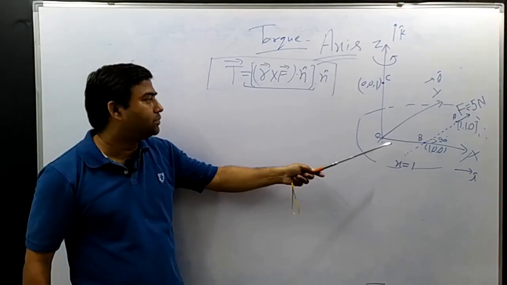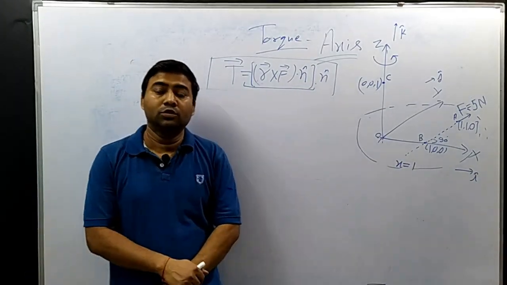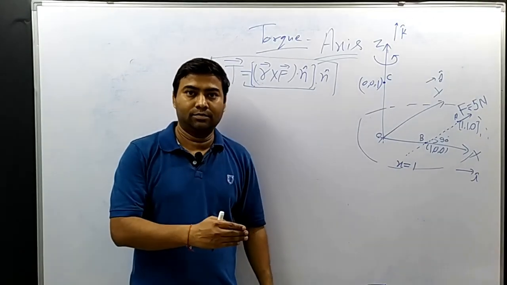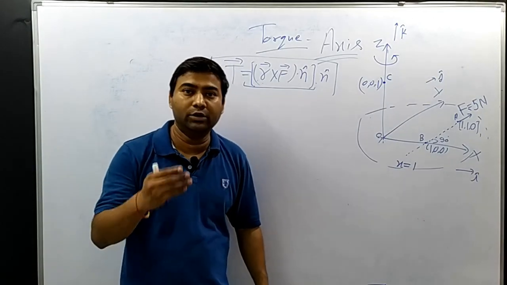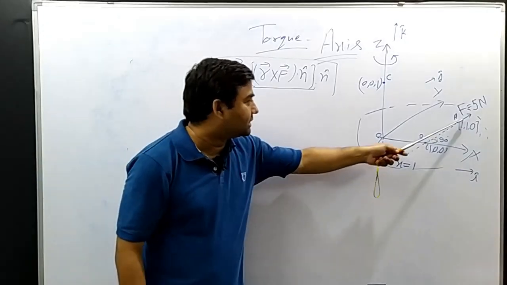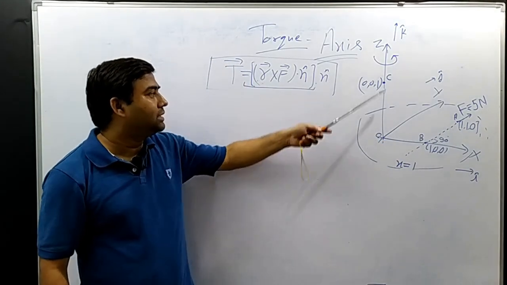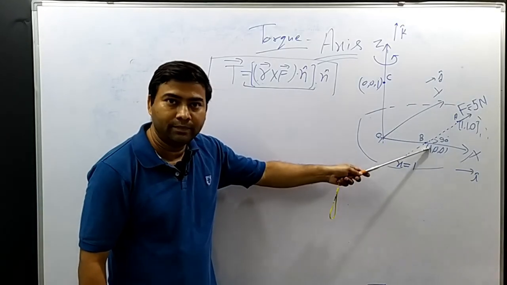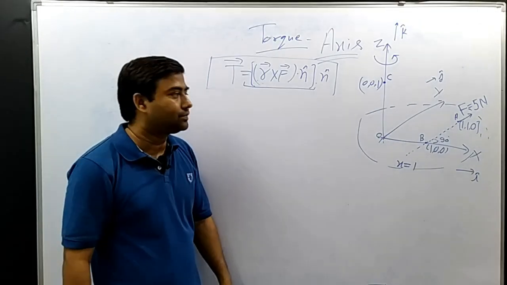So that is our first case: when force and axis of rotation are both perpendicular and the line of action is not intersecting the axis of rotation, because it is in the plane xy parallel to the y-axis.